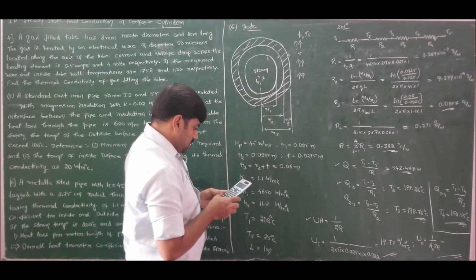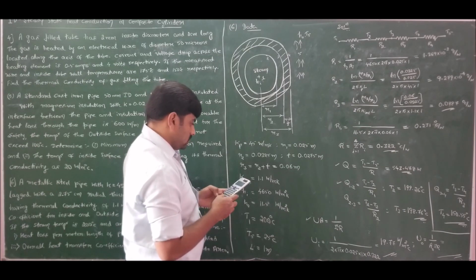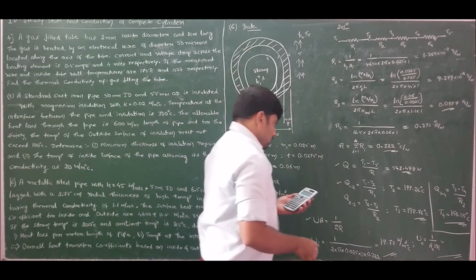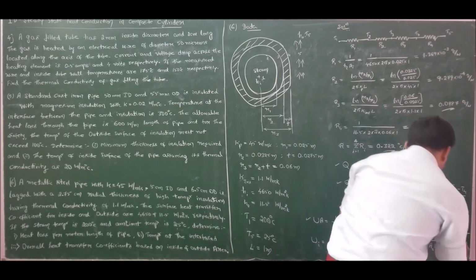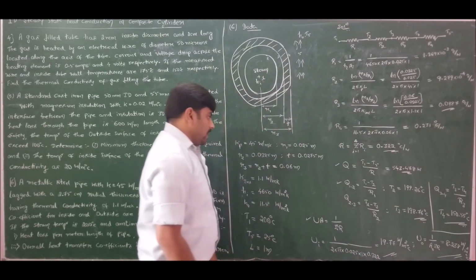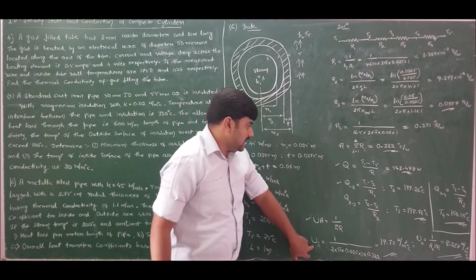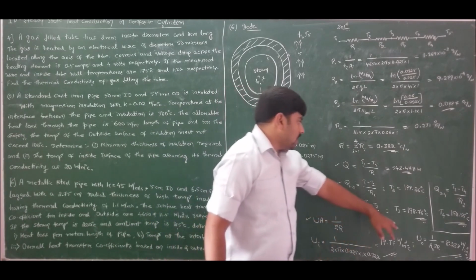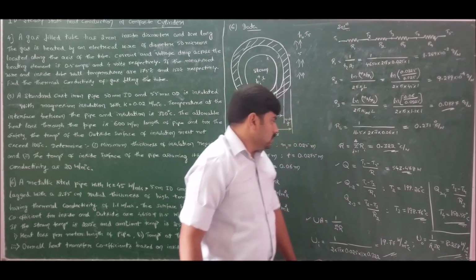Summation of resistance is 0.322. So the answer for overall heat transfer coefficient based on outside surface area is 8.238 watt per meter square degree Celsius. So overall heat transfer coefficient based on inside is 19.77, based on outside surface is 8.238.